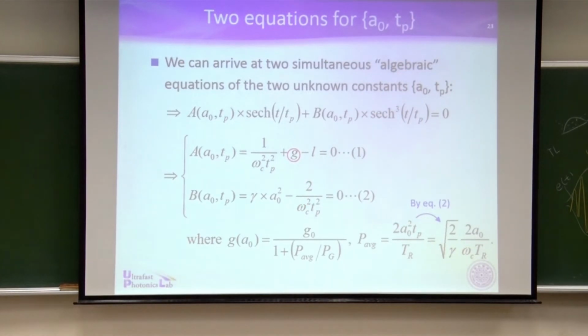So the relation is already there. You can represent TP in terms of A0. And if you do so, the average power is a function of the single variable A0 only, no longer with TP explicitly. This is the idea that you have known before. Okay? Any question?